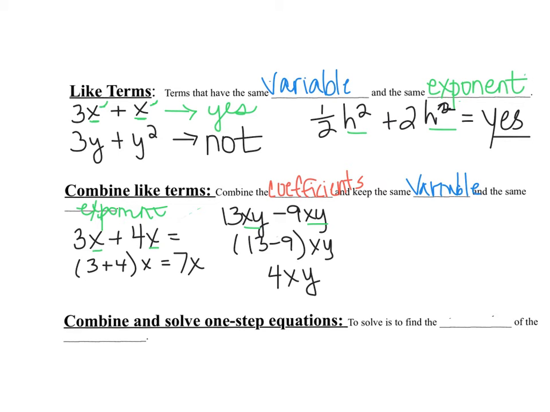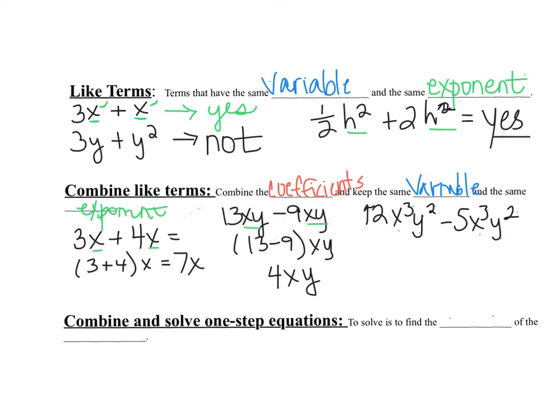One more example of 12x to the third y squared minus 5x to the third y squared. Okay, so I have x and y, and then x to the third, y to the second, x to the third, y to the second.